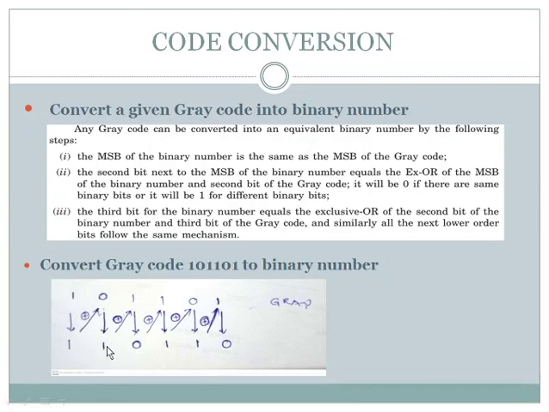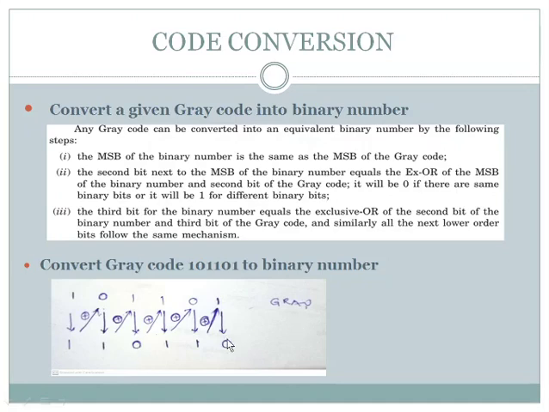To obtain the next bit of binary we XOR the corresponding bit of Gray and the previous bit of binary. So 1 XOR 1 gives 0, because the bits are... wait, the previous binary bit is 1 and the Gray bit is 0, so they are different and the result is 1. Similarly, to get the next bit of binary, we XOR the corresponding bit of Gray and the previous bit of binary, that is 1 XOR 1. Since both are similar bits, XOR gives 0.